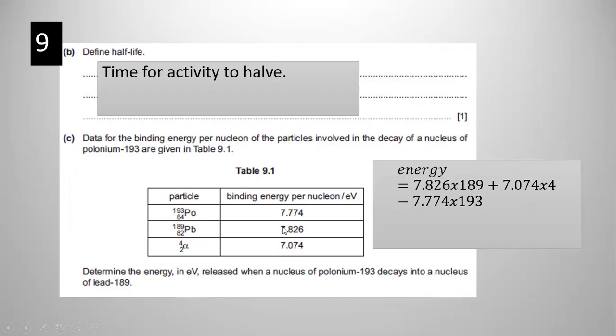So this is energy of lead per nucleon times 189. And then this is 7.074 times 4. And then this is polonium, the initial particle, 7.74 times 193.